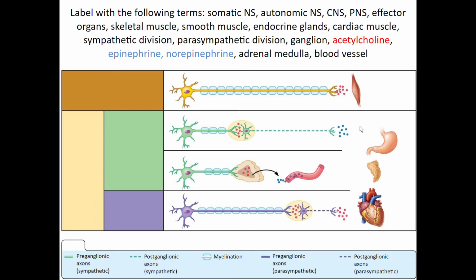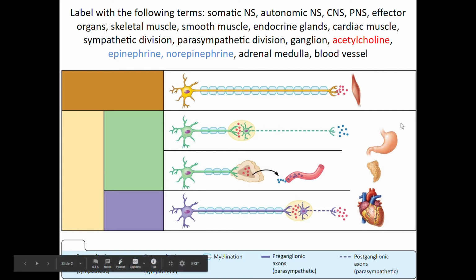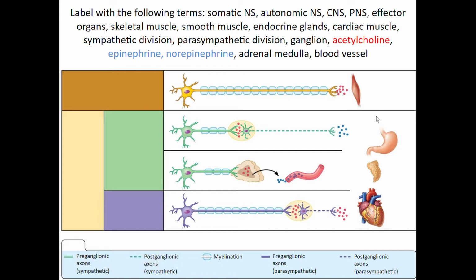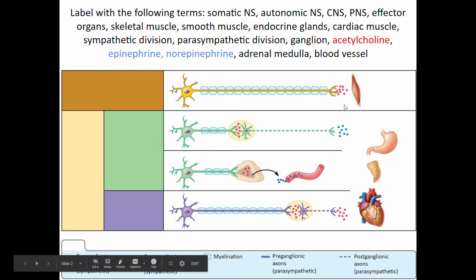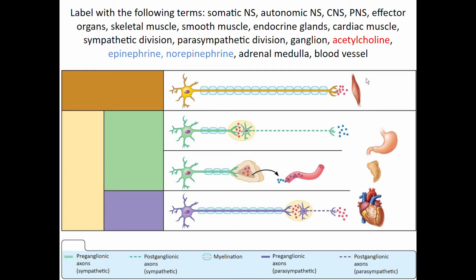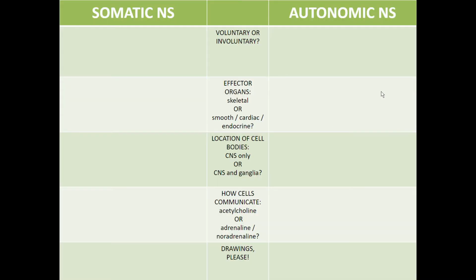You'll notice that for the autonomic nervous system, these three things are all muscles and glands that are involuntary. You cannot control them. Versus up here with the somatic division, this is skeletal muscle that is voluntary. You can control when you use those.